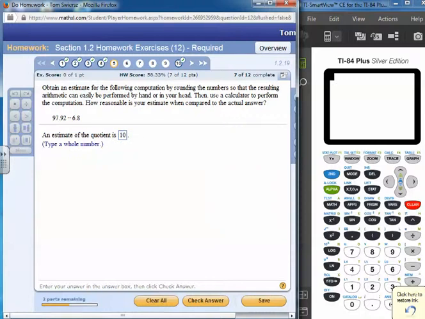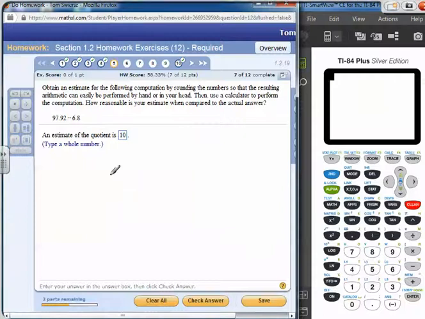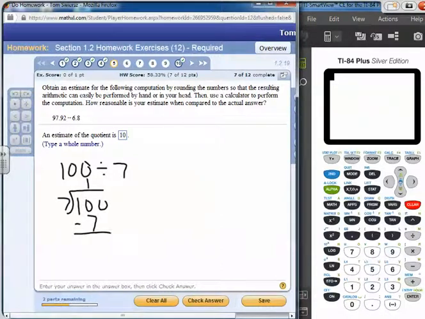All right, let's try a little bit closer. Let's just do 100 divided by 7. So 100 divided by 7 quickly goes in there once, and then we have a 3, and then it goes in there about 14 times. So we'll just say an estimate is 14.